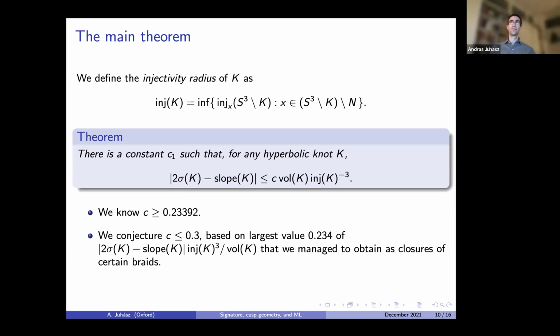So we conjecture that maybe C is at most 0.3. So it's fairly small, but it would be very interesting if one could show that we have this constant.